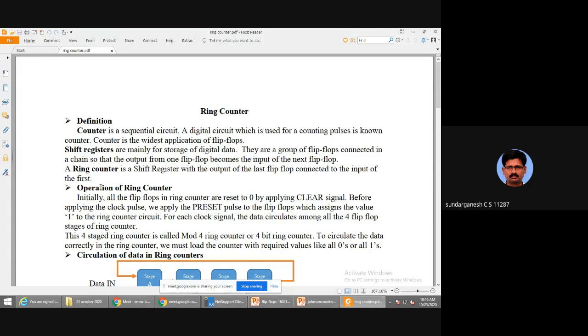You have to connect the flip-flops serially, and then attach the device you are going to work with. Shift registers are used to store digital data. They are a group of flip-flops connected in a chain, where the output from one flip-flop becomes the input of the next flip-flop.